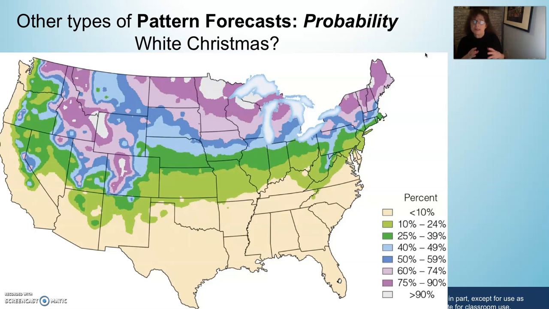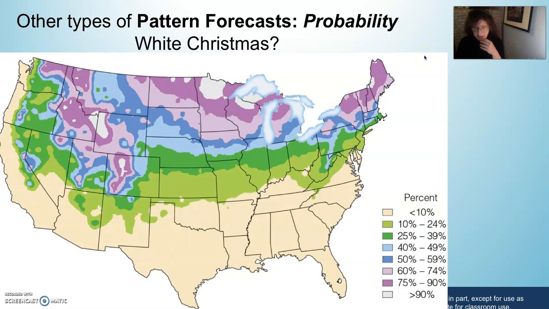There are other types of experiential forecasts that deal in patterns. These are called analog forecasts because they're so into the analog structure of patterns. So this is a probability forecast you see all the time for white Christmases.